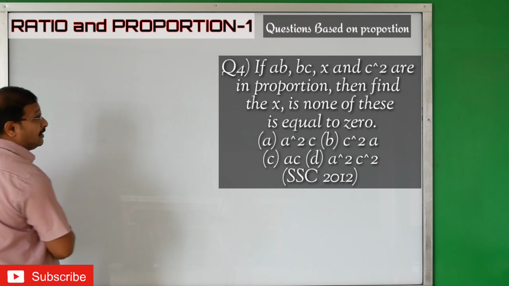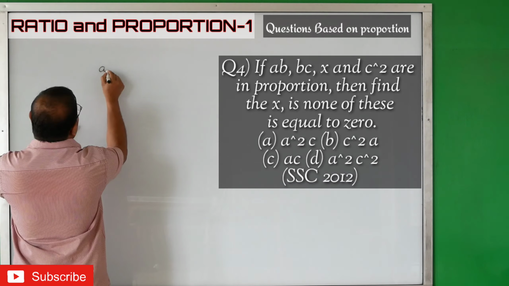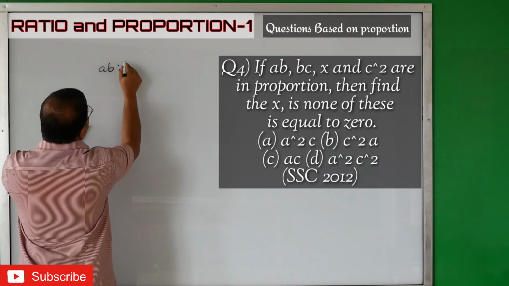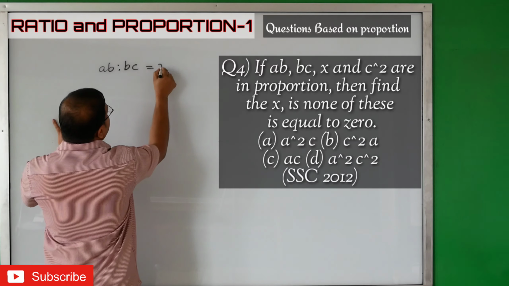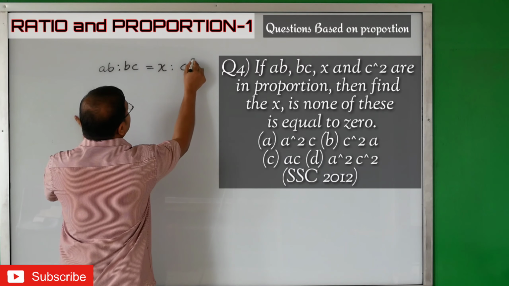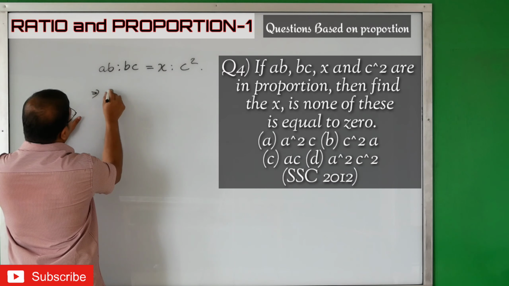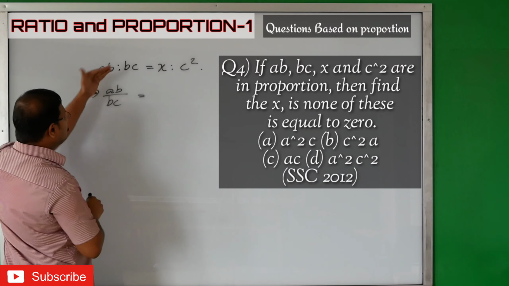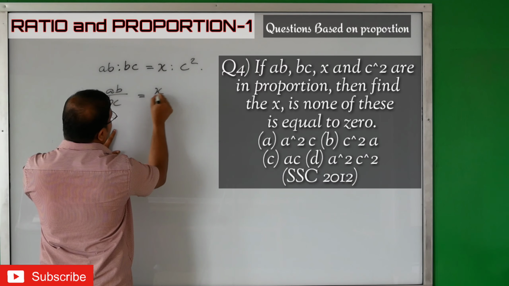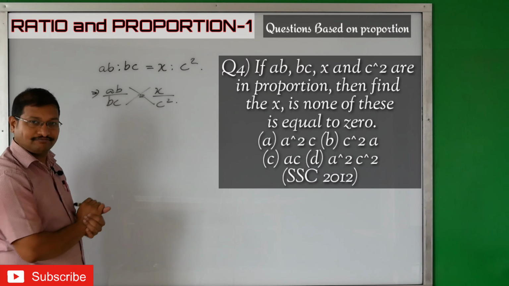See, it's already given they are in proportion. That means what you'll write? AB is to BC equals X is to C square. Ready? That implies AB by BC equals X by C square. Now what you'll do? Cross multiply.